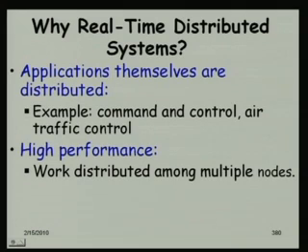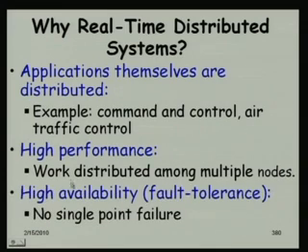Another reason why distributed systems are becoming popular is their higher performance, because the workload by definition is distributed among multiple nodes, and also fault tolerance can be easily implemented here. It can be different nodes, and if one node fails, other nodes take up from that point.